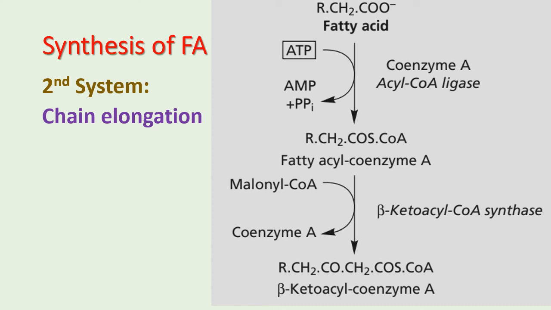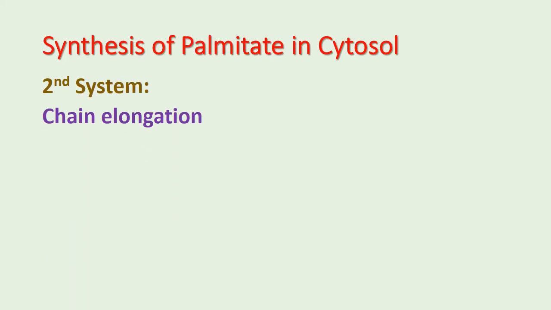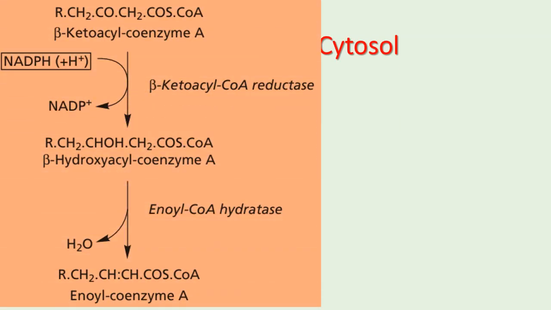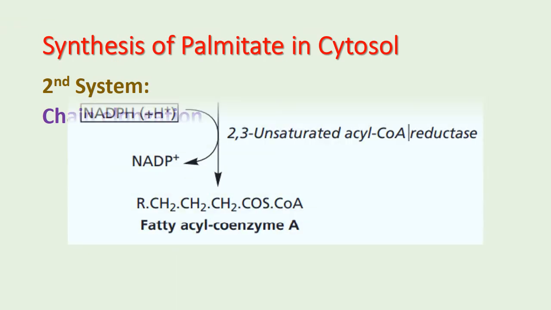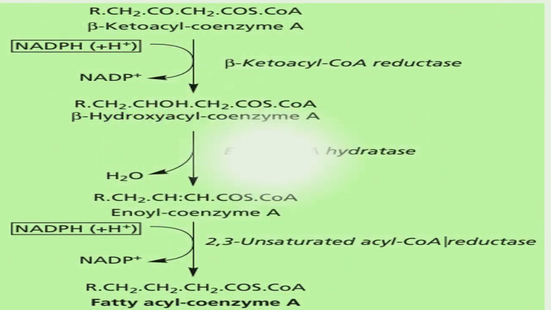During the chain elongation process, the fatty acid is converted into fatty acyl coenzyme A, then into keto acyl coenzyme A. Next, this keto acyl coenzyme A is converted into beta hydroxy acyl coenzyme A, then into enoyl coenzyme A. In the next step, this enoyl coenzyme A is converted into fatty acyl coenzyme A. Here you can see that there is again the requirement of NADPH or a reducing equivalent.